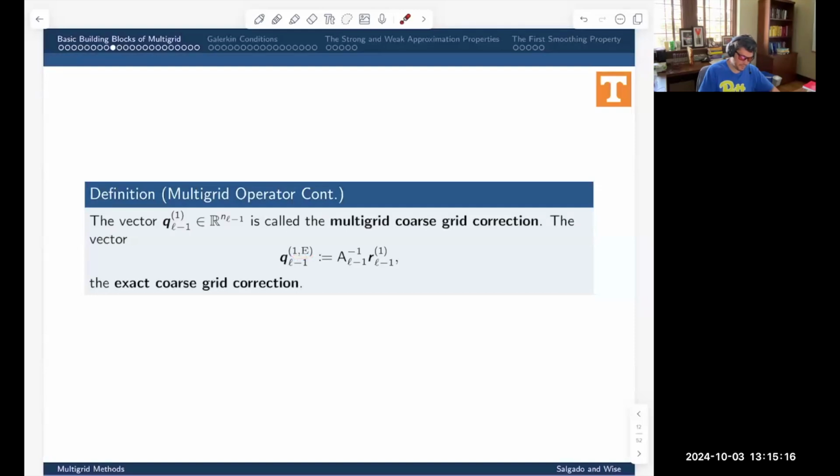So this guy here involving the inverse at level L minus 1 is the exact coarse grid correction. That's not what we're computing. We're computing something called the multigrid coarse grid correction. However, in our error analysis, this is going to be quite useful for us.